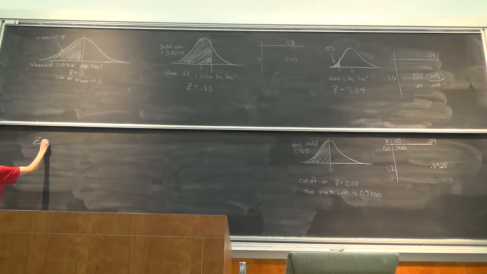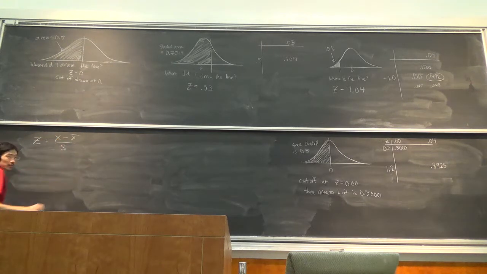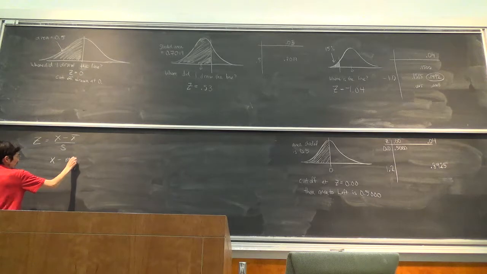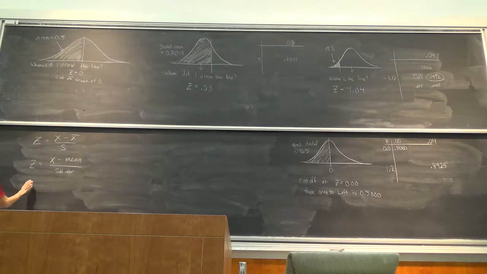In chapter 3 we said z is equal to x minus x bar divided by s. Okay? In chapter 6, it's the same idea: x minus the mean divided by the standard deviation, that's equal to our z. We just change up the symbols.